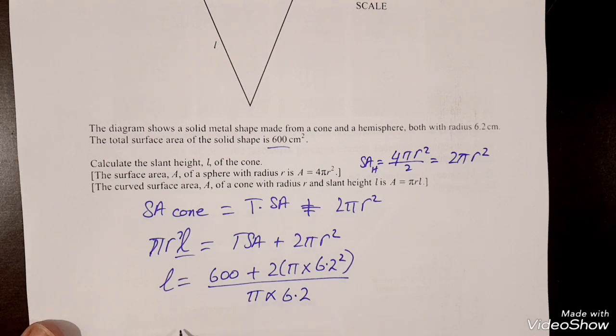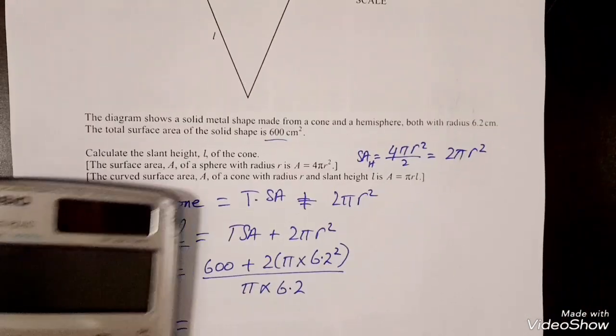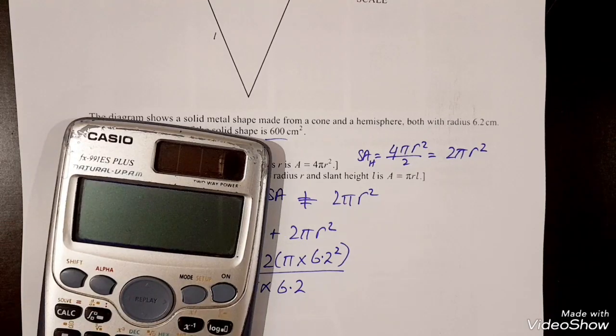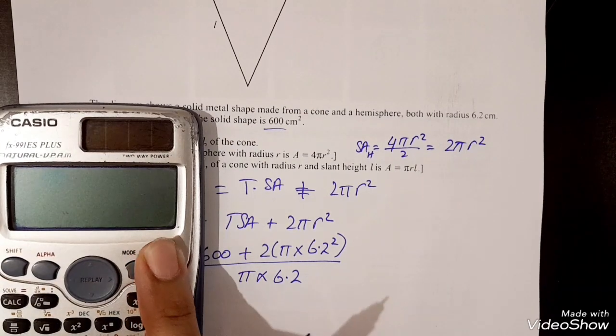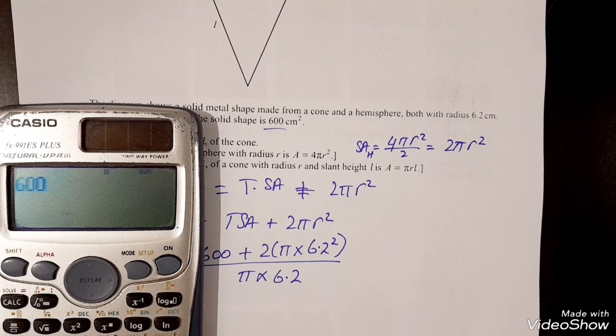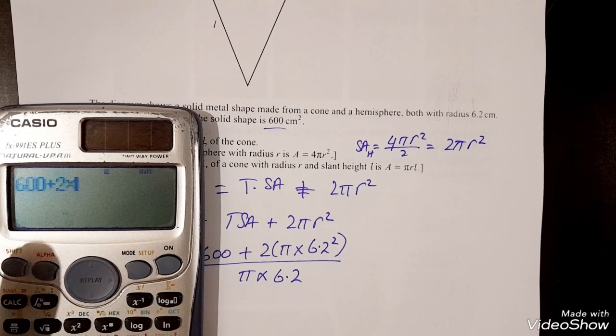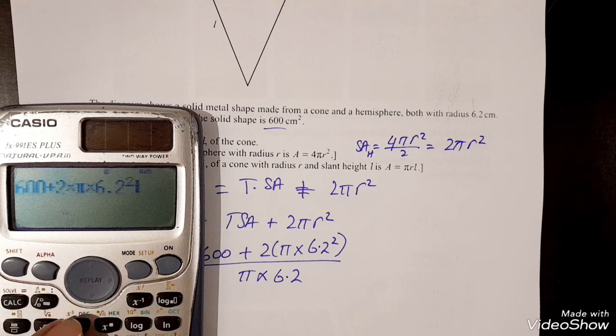And then using the calculator we will do 600 plus 2 multiplied by pi multiplied by 6.2 squared.